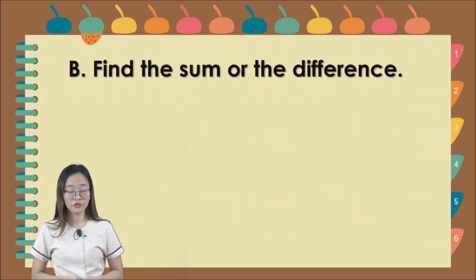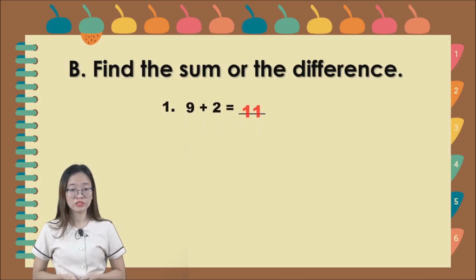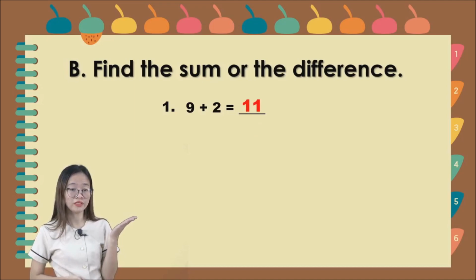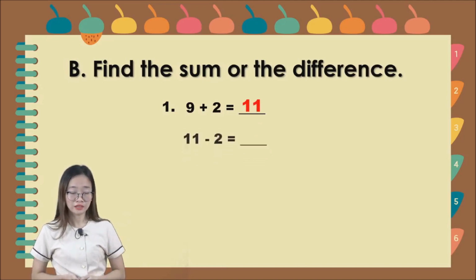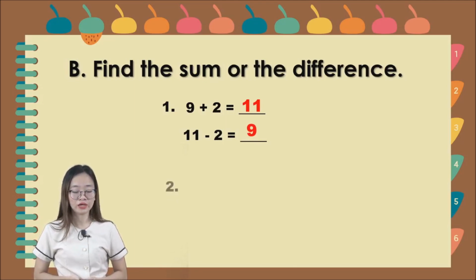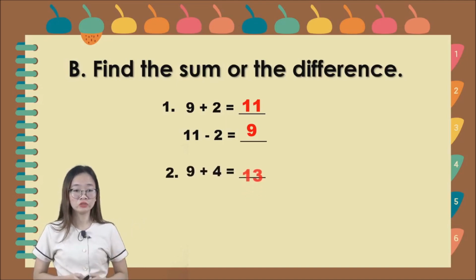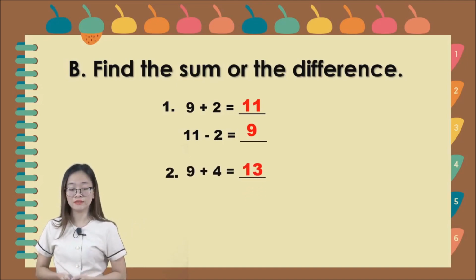Now, we have letter B. So, we need to find the sum or the difference. So, let's start. We have number 1, 9 plus 2 is equal to 11. 11 minus 2 is equal to 9. Next, number 2, we have 9 plus 4 is equal to 13.